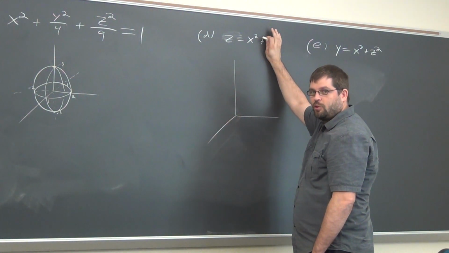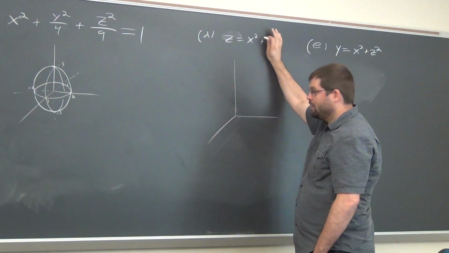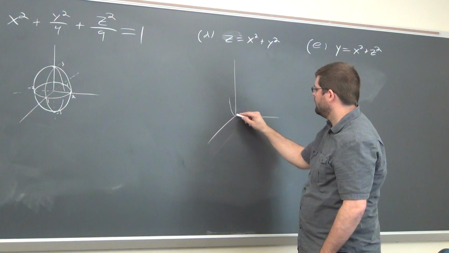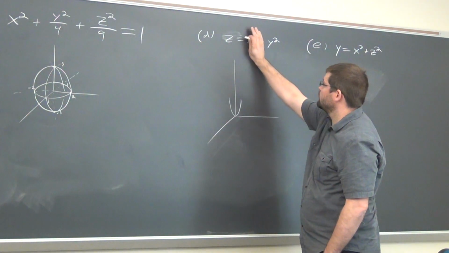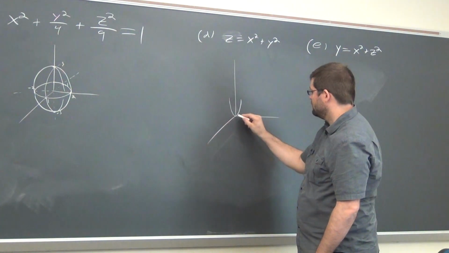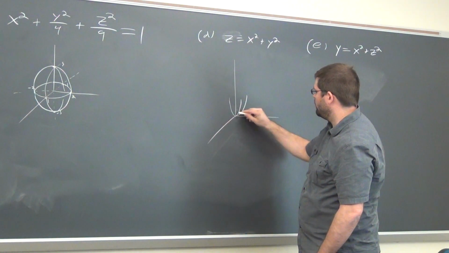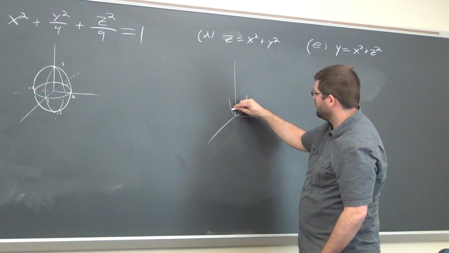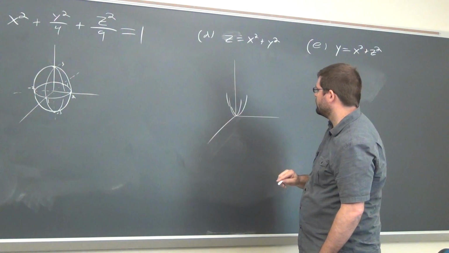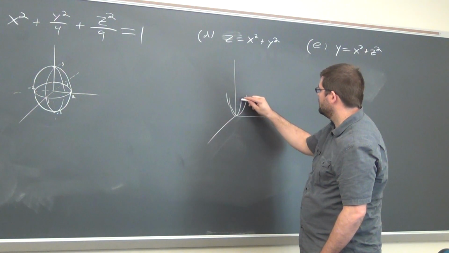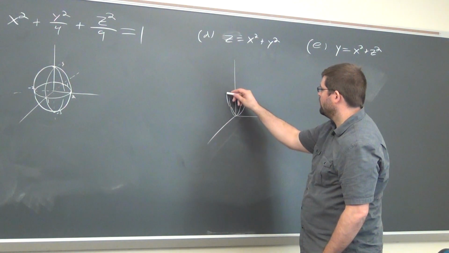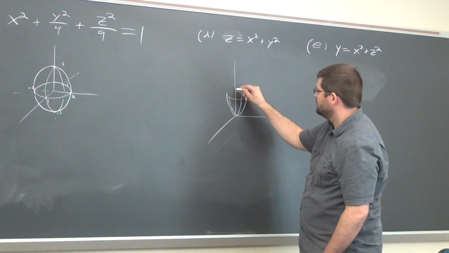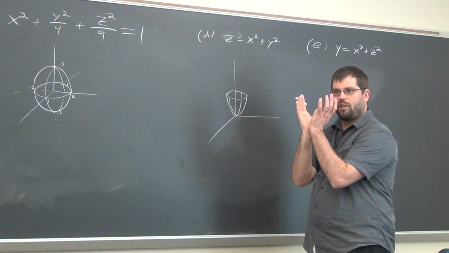What's z equals x squared? It's a parabola, right? And so that would look like that. What about z equals y squared? Just like that. It's a parabola as well, right? So you get a parabola opening here. And so you can imagine that you're just going to get a bowl shape like that, opening up.